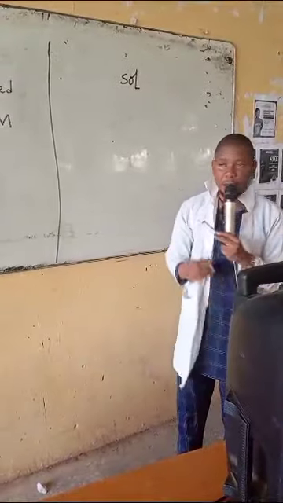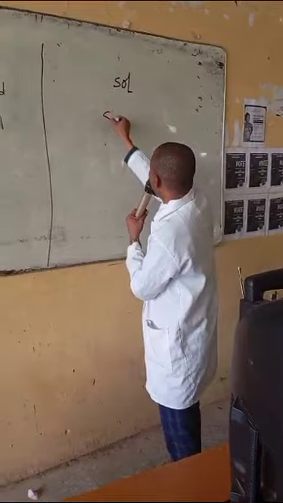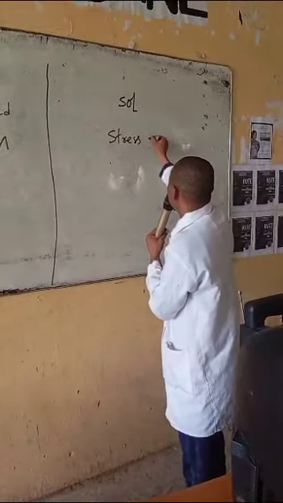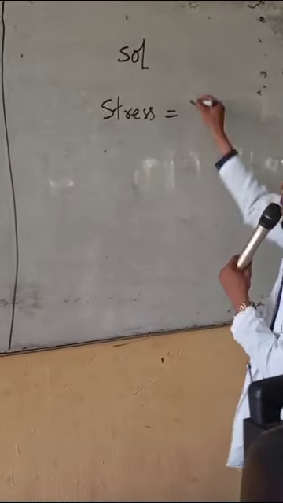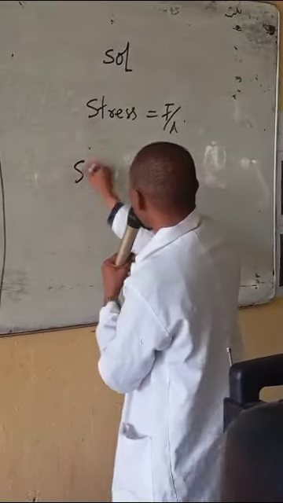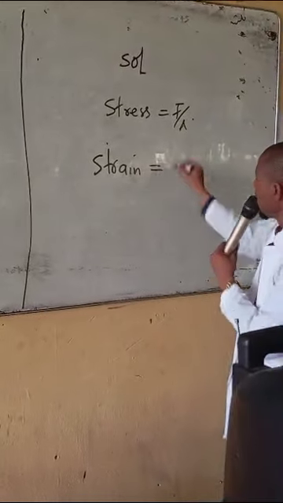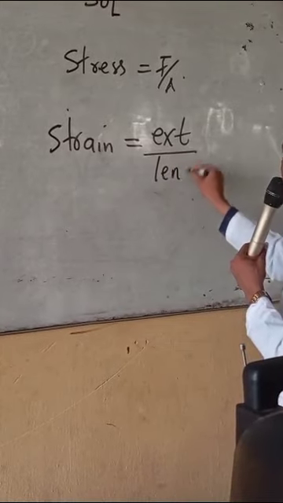For instance, we know that we have something called stress, which is force over area. This is not dimensionless. But strain is extension all over length.